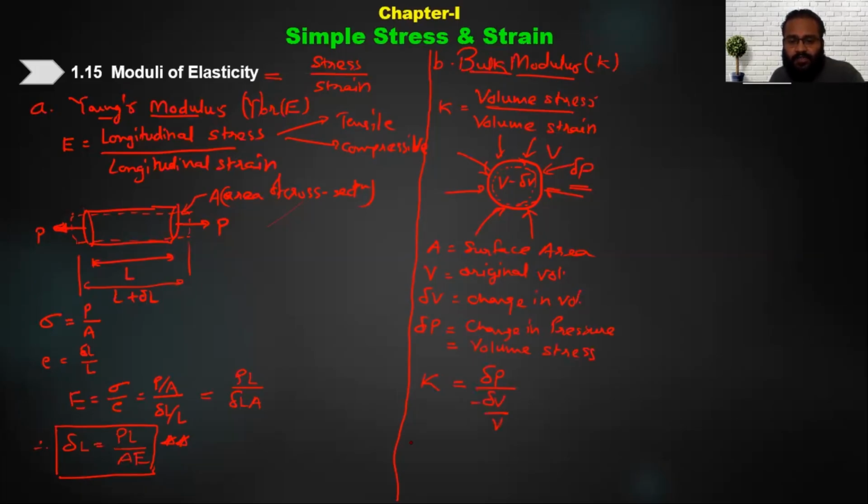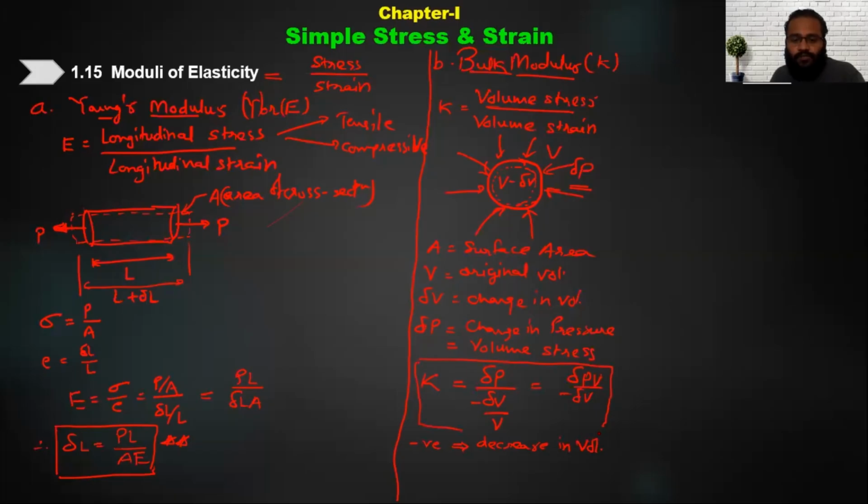Here the negative sign indicates decrease in volume. Okay, so if you simplify this, it will be delta P into V upon delta V. Okay, this formula will give me the bulk modulus of the material.